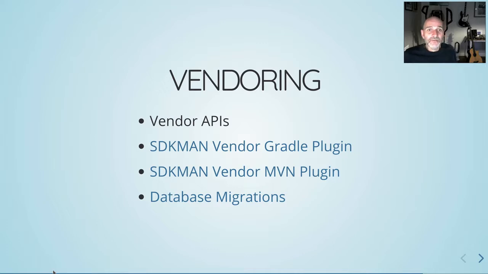At that time, I'd already started building some basic APIs. I just decided we need to look forward and be able to delegate this and empower vendors to be able to do their own releases. In the beginning, the adoption was quite slow because people didn't know what SDKMAN was. But as time went on, people started coming to us.